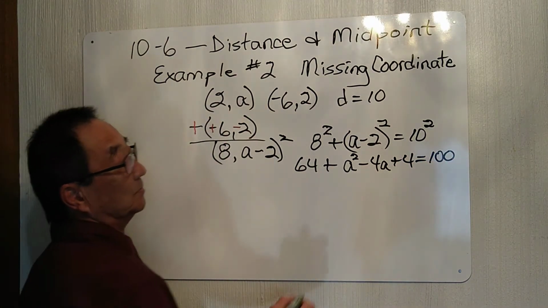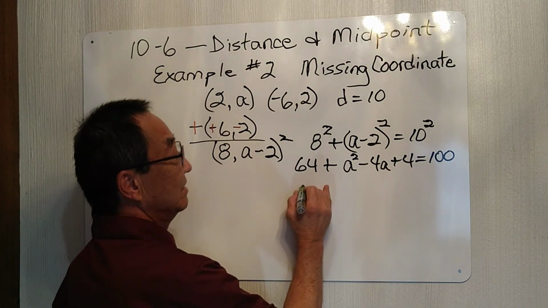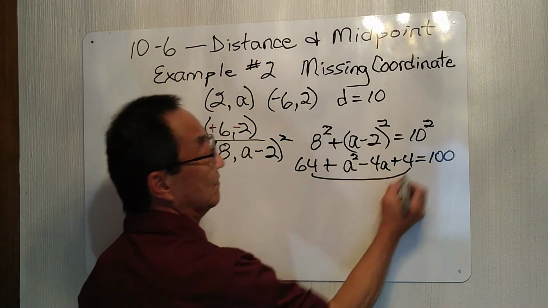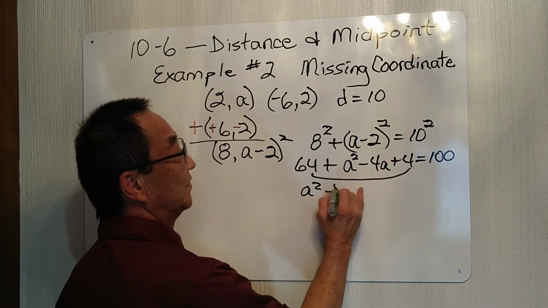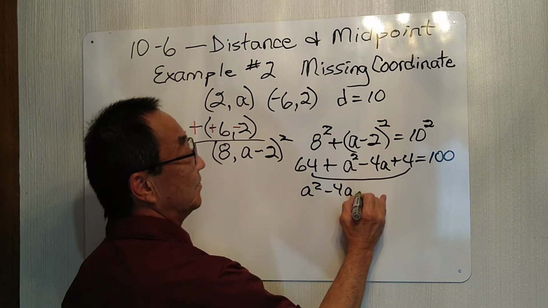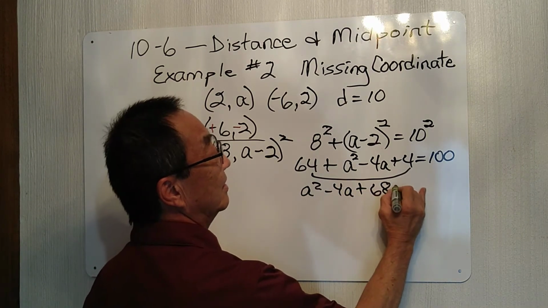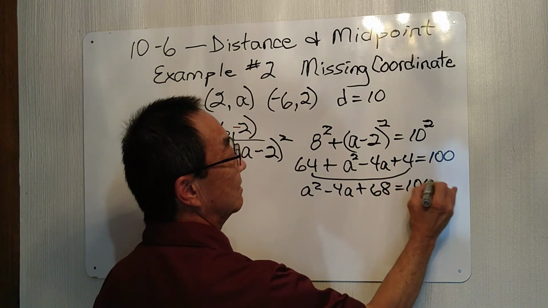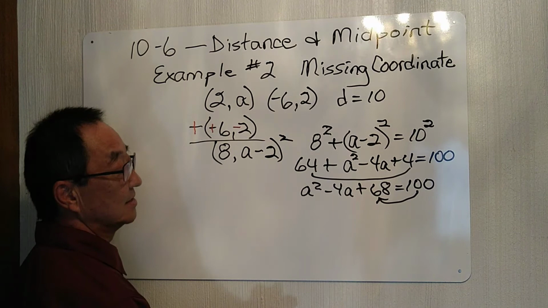All right, combine what you can, so you can combine these two together, the 64 and the 4, so you have a squared minus 4a plus 68 is equal to 100. And you solve by moving the 100 back over to this side.